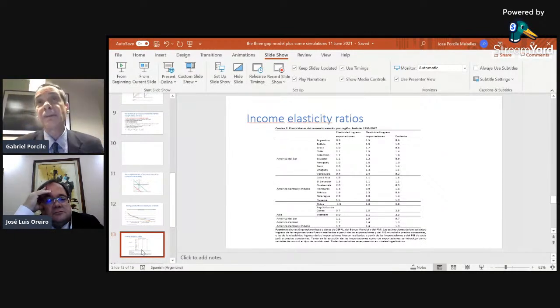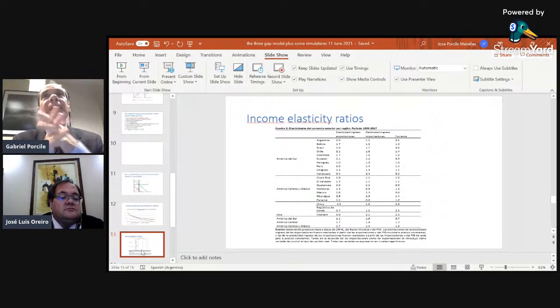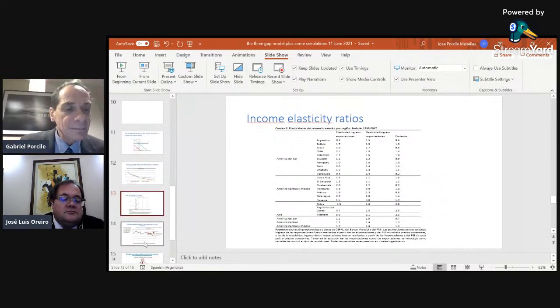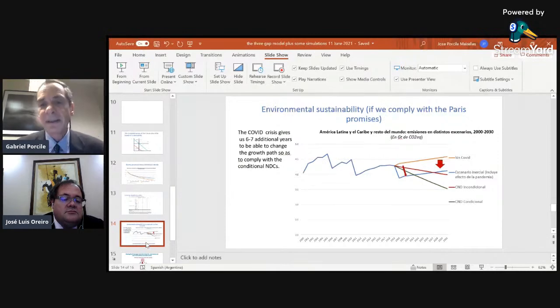So with this equation, we can estimate the income elasticity ratio. And from our estimates, the average Latin American country may grow without external disequilibrium at a rate between 1.4 to 2.5%.